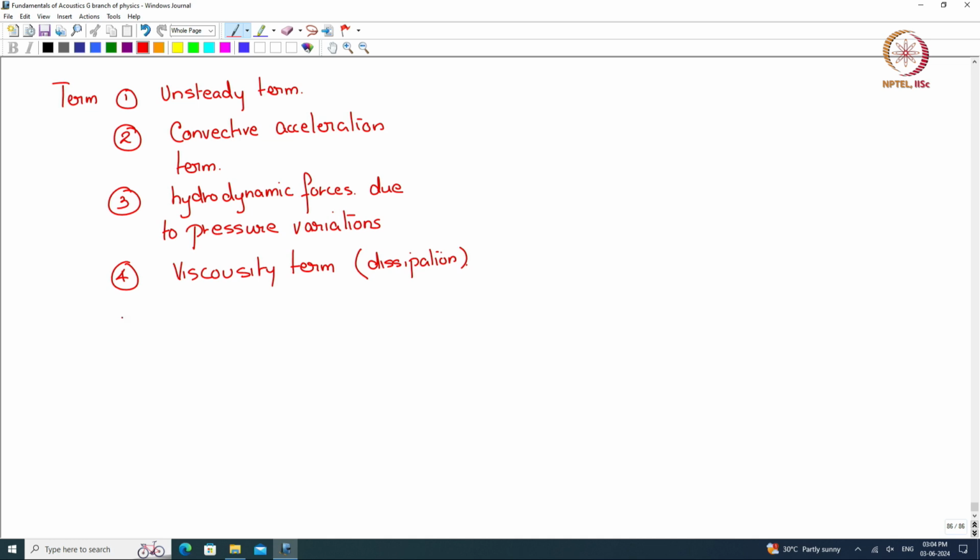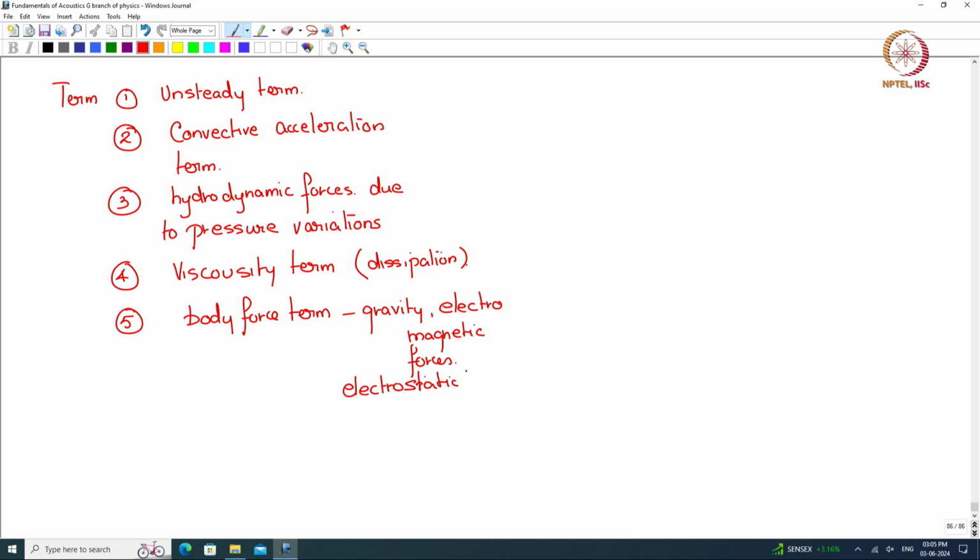Okay, then number 5, the body force term, that represents say gravity or other electromagnetic forces, if the fluid can support it, or electrostatic forces, and so forth.